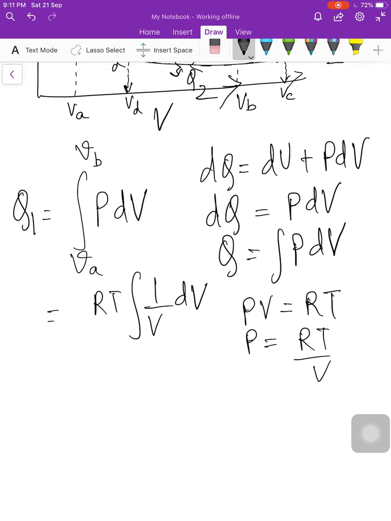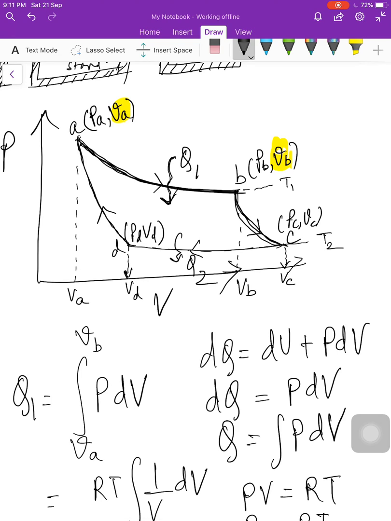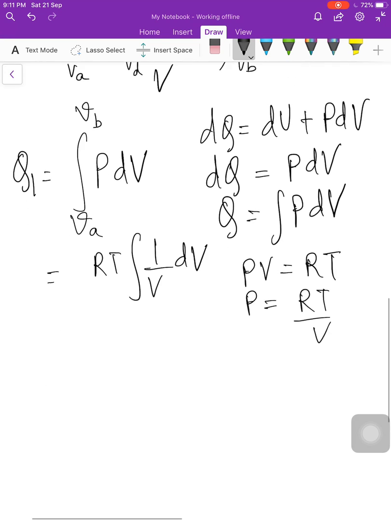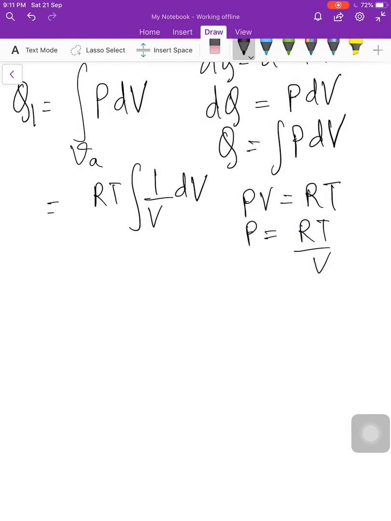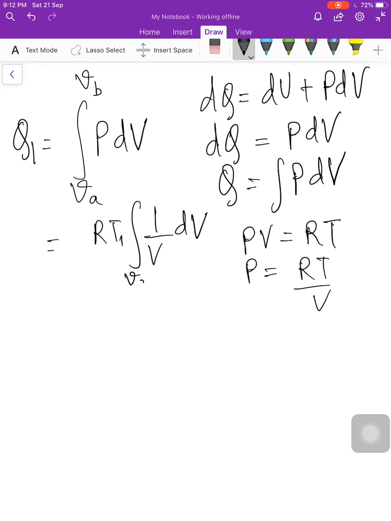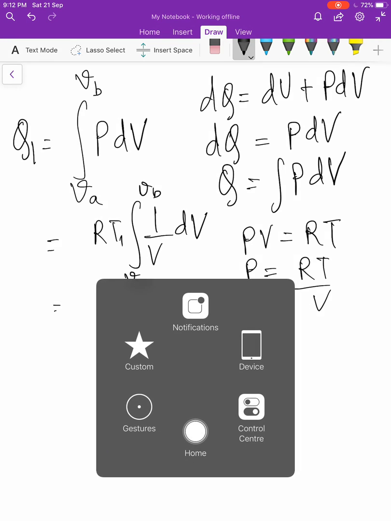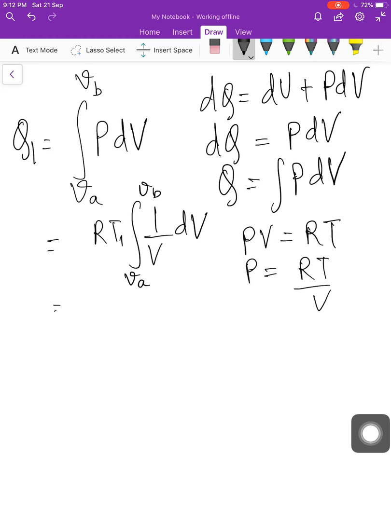Now in this process A to B, my temperature was fixed at T1. So let me mention it here: T1. And volume is running from VA to VB. So the integration of 1 by x dx is going to be log x, natural log.